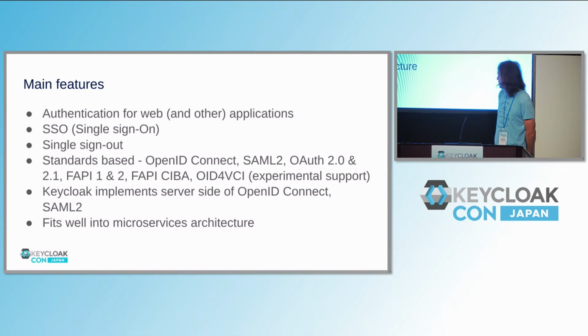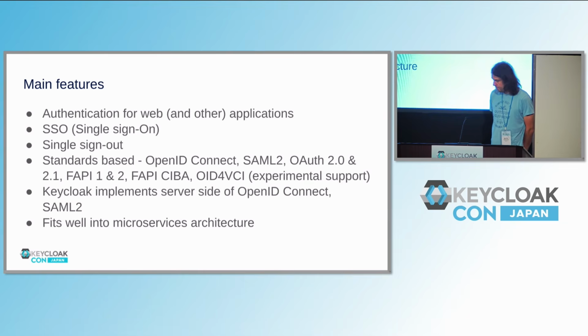Keycloak supports lots of standard protocols like OpenID Connect, SAML2, OAuth 2 and 2.1, FAPI1 and FAPI2 draft, FAPI CIBA, and OID for verifiable credentials, which has only experimental support.